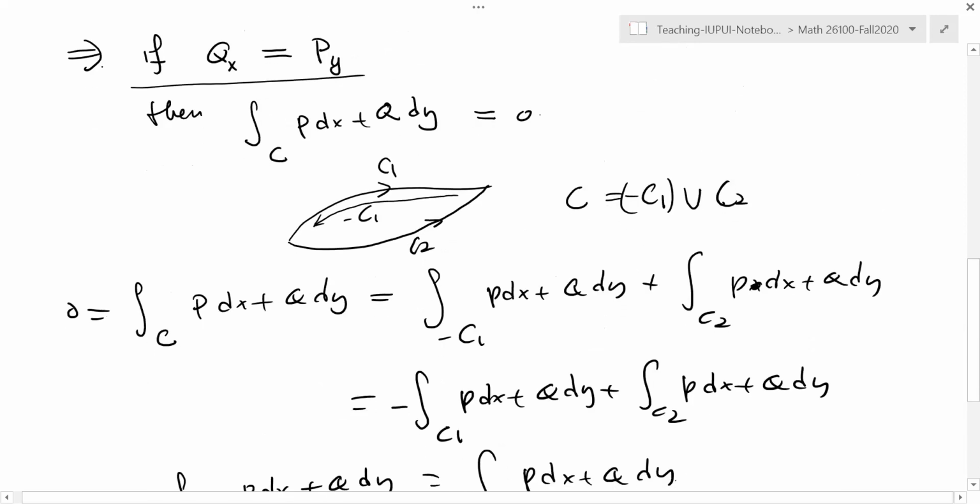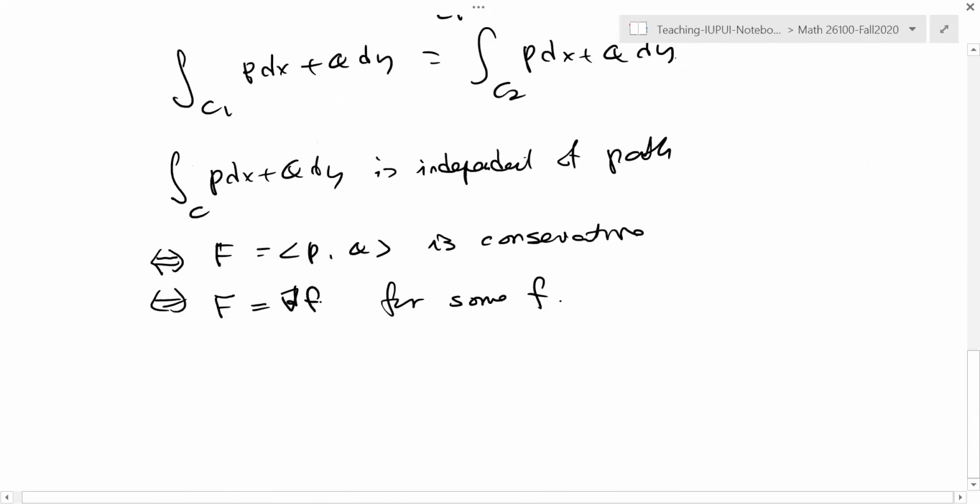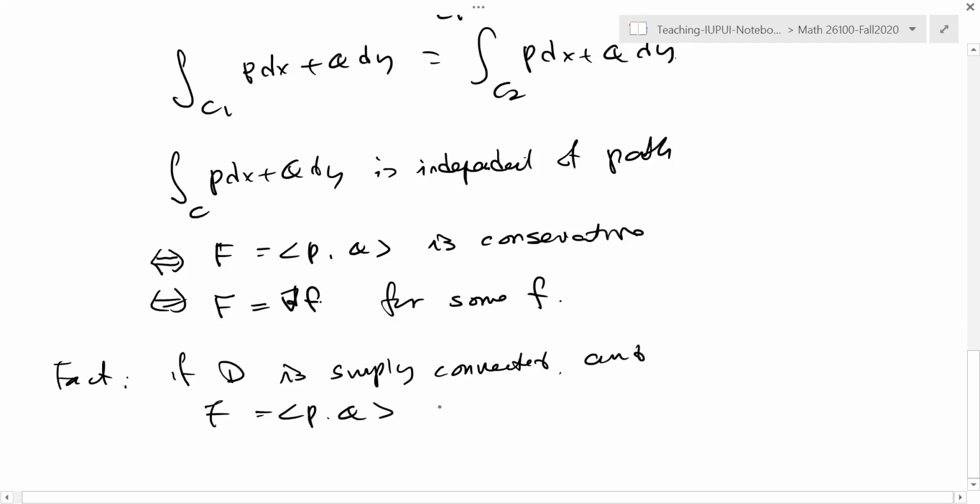Under that assumption, you can show that this will be conservative. So let me state the fact. If D is simply connected and F equals (P, Q), then F is conservative if and only if Py equals Qx.